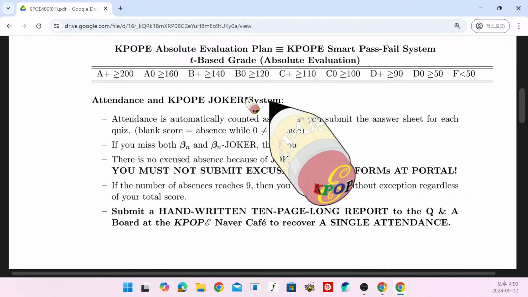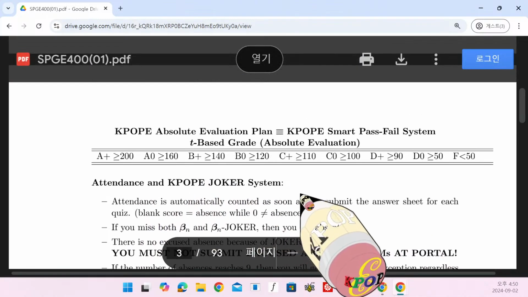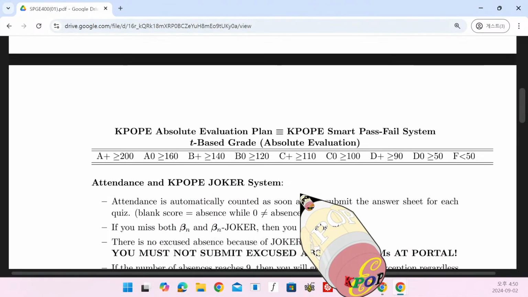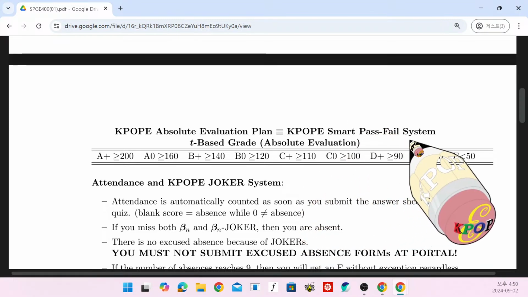The evaluation system for K-pop is absolute evaluation, called the K-pop Smart Pass-Fail system. An A plus in a K-pop course does not guarantee you are very, very clever.